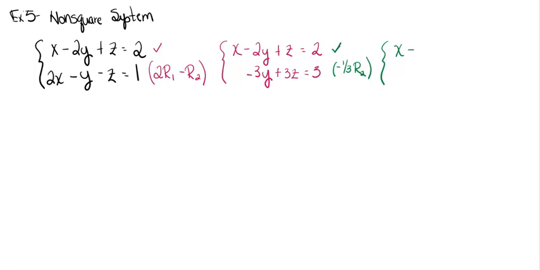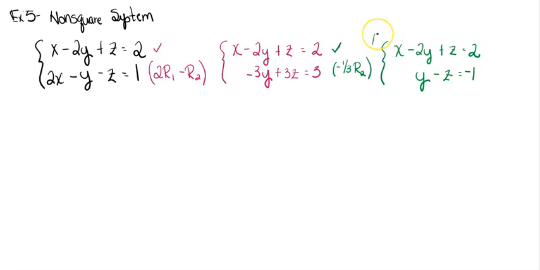It's still good. x minus 2y plus z equals 2. And then negative 1/3 times negative 3y gives me positive 1y. Negative 1/3 times 3z is going to give me a negative 1z. And then negative 1/3 times 3 gives me a negative 1.